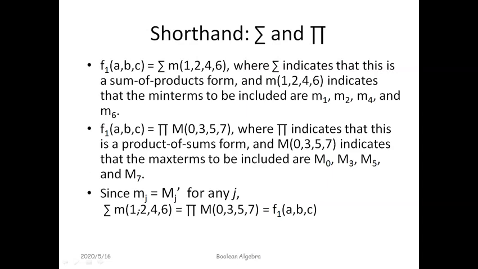So, since mj is equal to the complement of capital Mj for any value of j, then it implies that sigma m, 1, 2, 4, 6 is equal to pi M 0, 3, 5, 7, which is equal to F1 ABC.